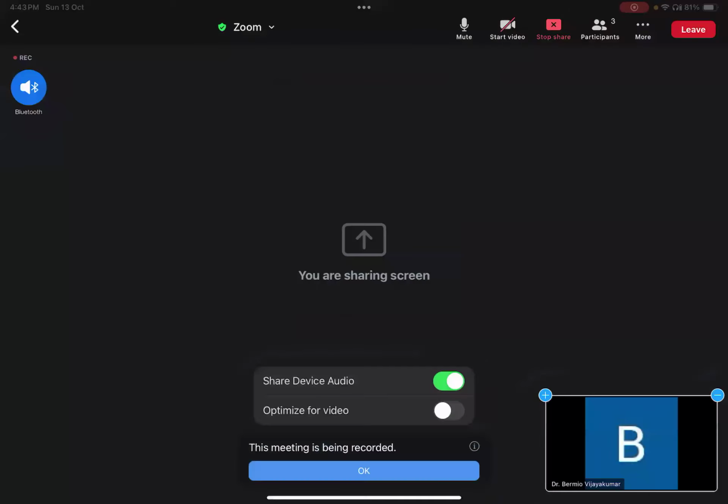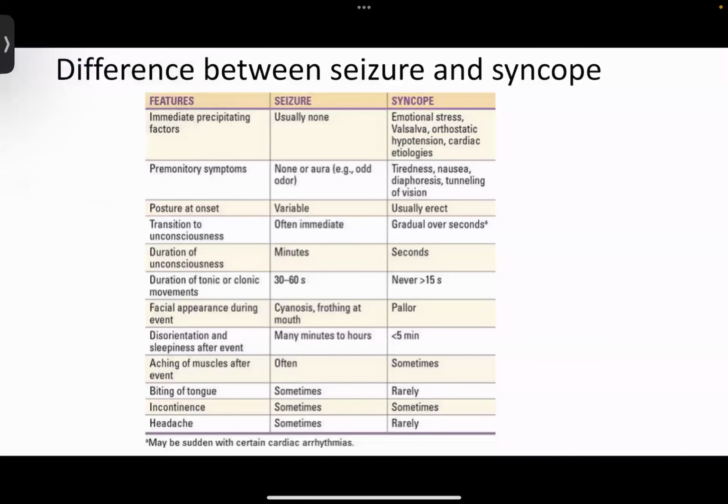Screen is not visible. I think you can share. Now visible, audible. Okay, now we are audible, it's not visible. I think you have to share again. Visible. Yes, now it's visible. I think you can start from the slide itself: difference between seizure and syncope. Connection went.